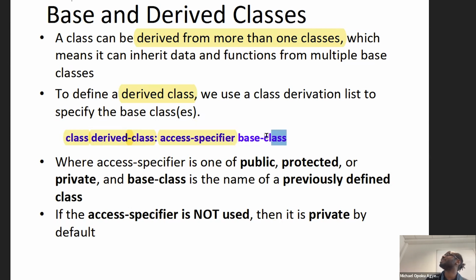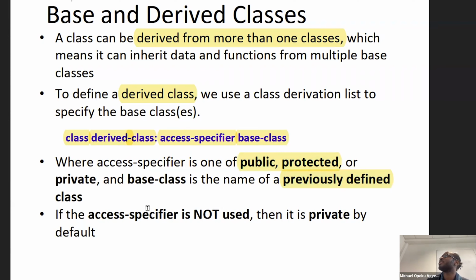The base class is the parent class. See it that way: the base class is the class that has the house that will be accessed by the child, the parent or previously named class.